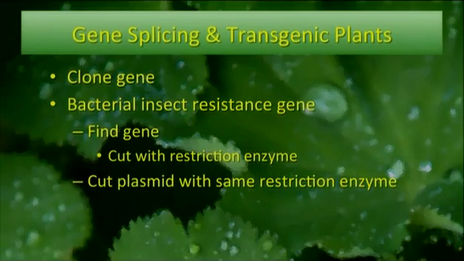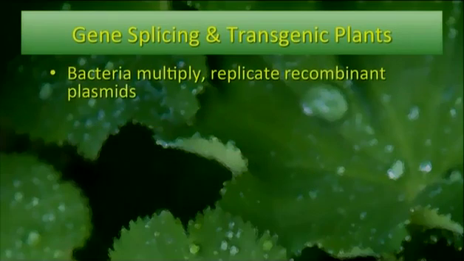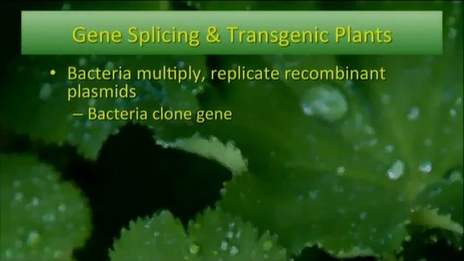You cut the plasmid with the same restriction enzyme, then you mix them. The bacteria will multiply and replicate their recombinant plasmids, and so the bacteria clone the gene. And you can have millions of copies.